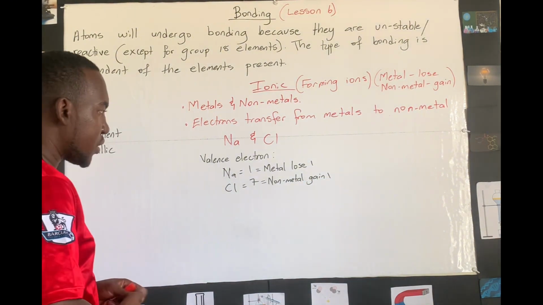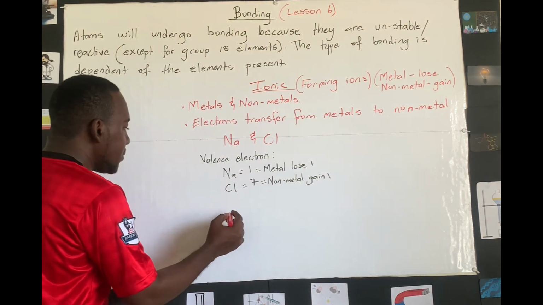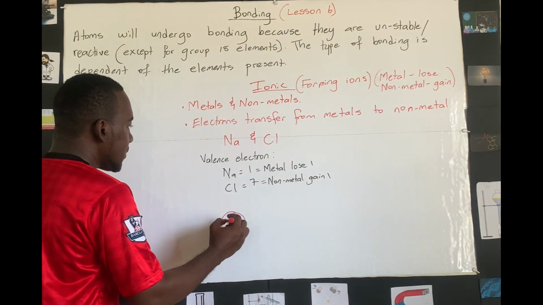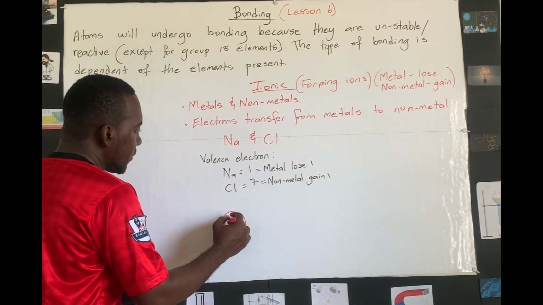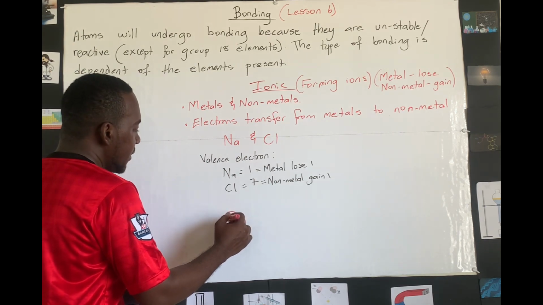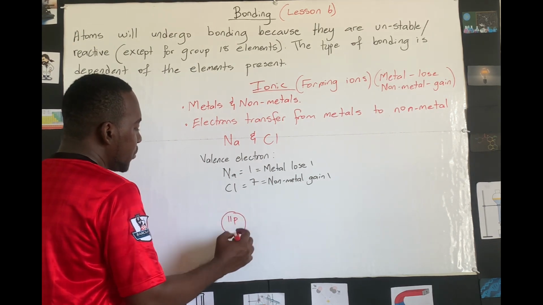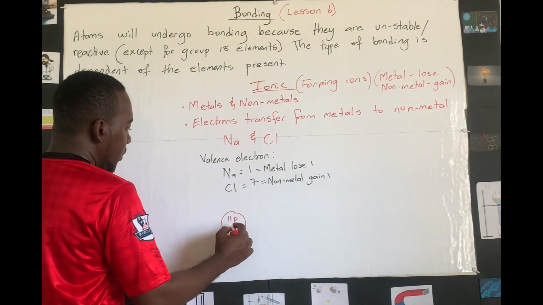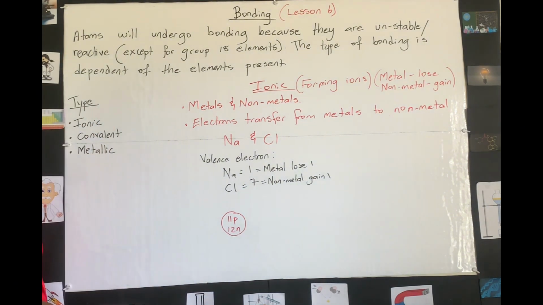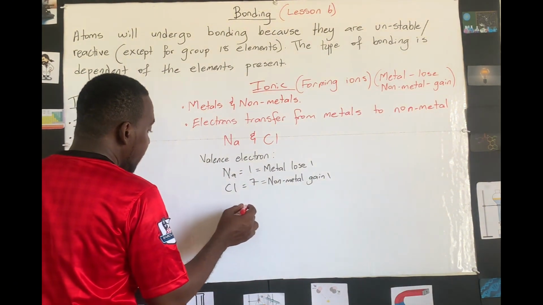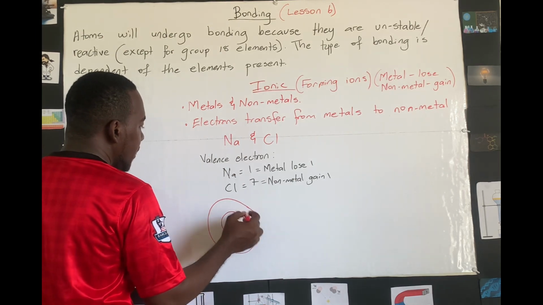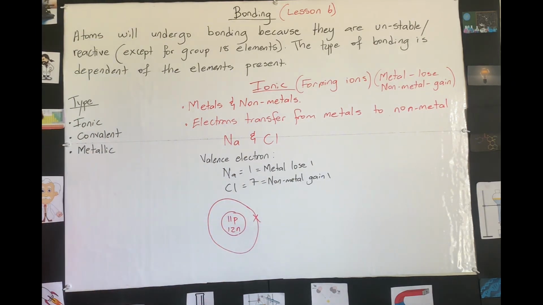So in the structural arrangement, what we will do is put sodium here. Sodium is atomic number 11, so 11 protons and 12 neutrons. We're going to draw the valence shell and put the 1 electron out there.